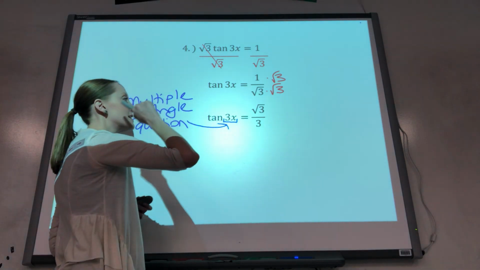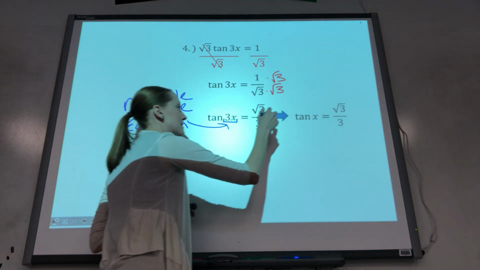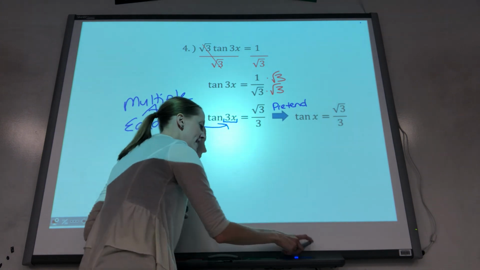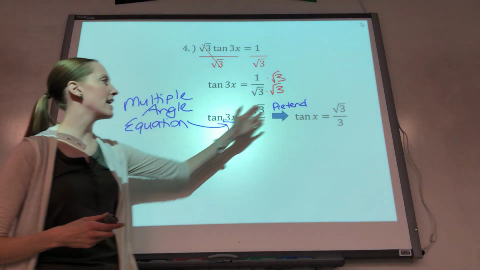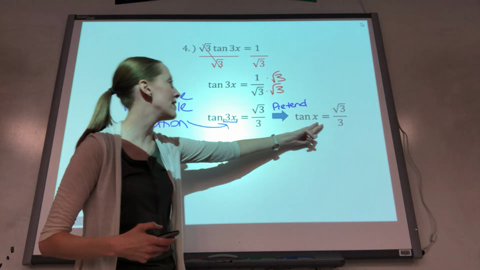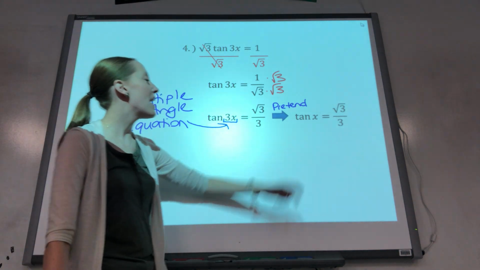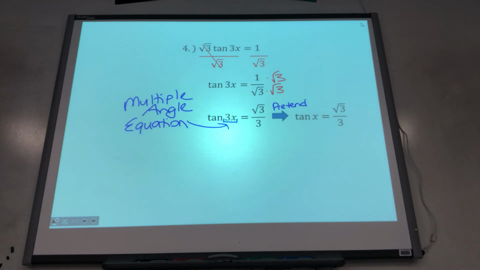So for just a second, let's pretend. I'm going to actually write the word pretend because this is not saying that this is what I have in this problem. I'm just pretending for a second that it was just tangent of x equaling radical 3 over 3.